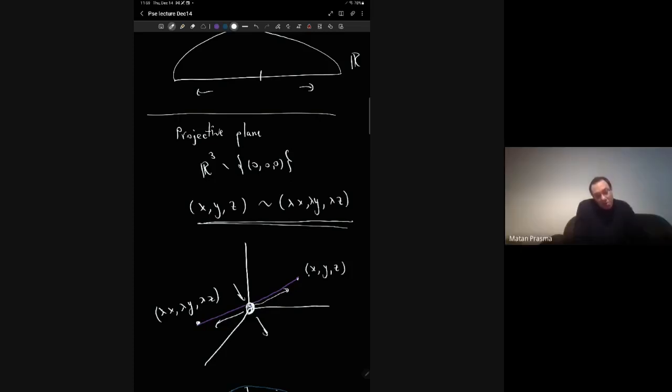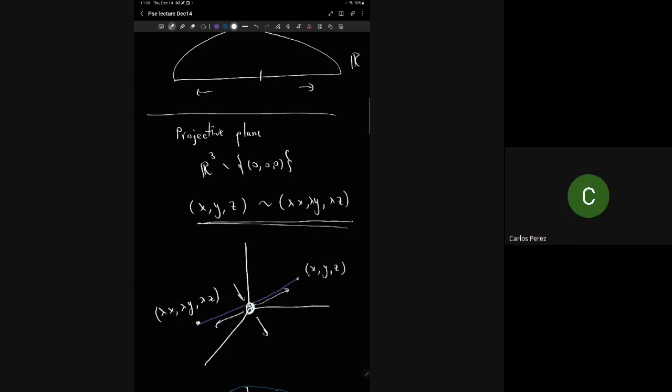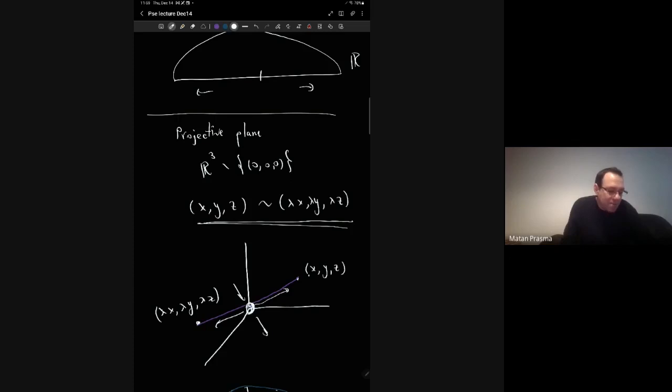It will be equivalent to all other points, and you could say that it's an equivalence relation, but then it's a trivial one. All the points are equivalent to each other, and it's an uninteresting example.